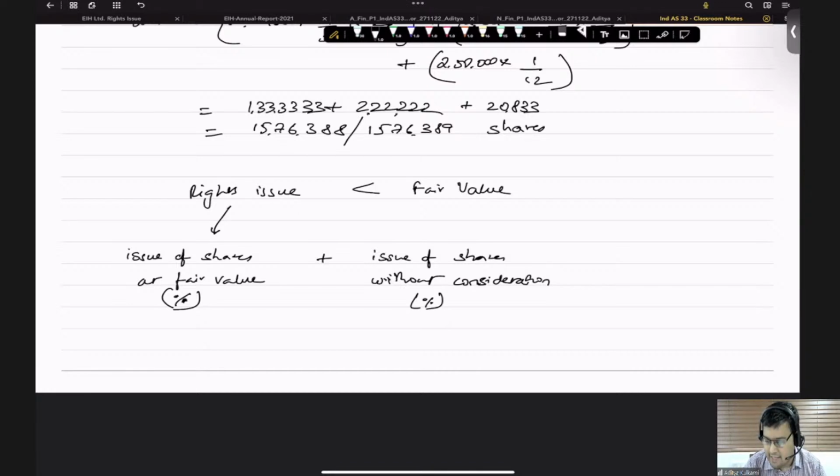Yes, we'll do an example, but did we understand the concept? Did you understand the concept of rights shares? Yes or no?